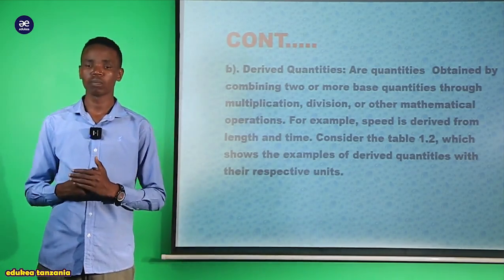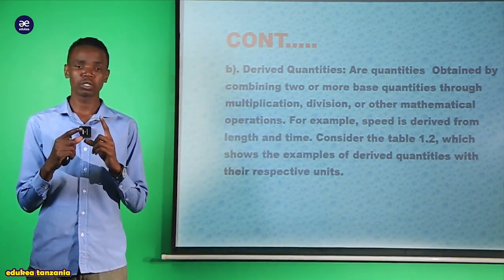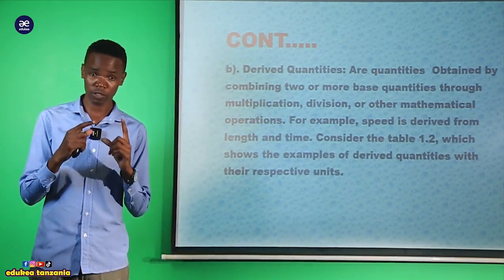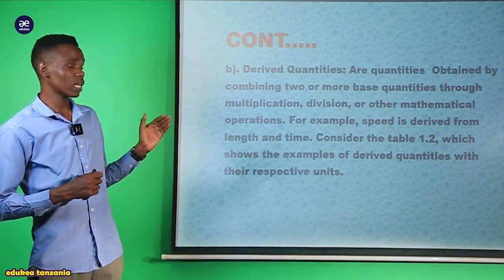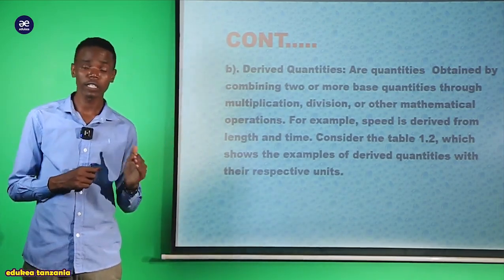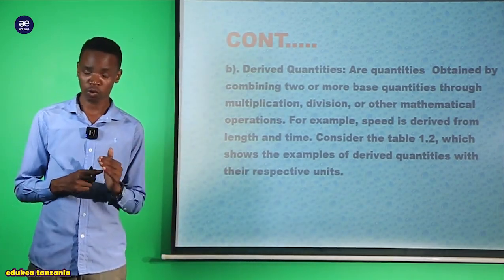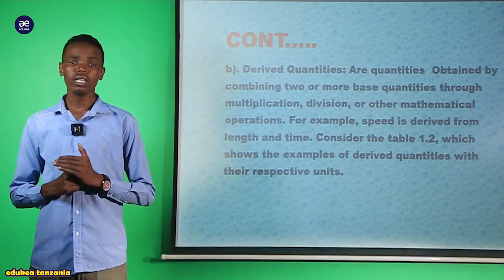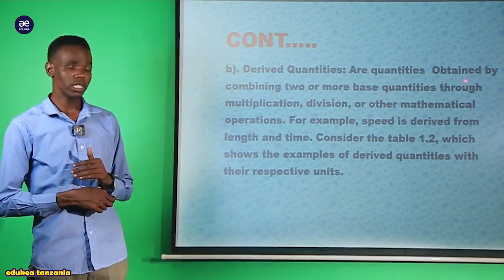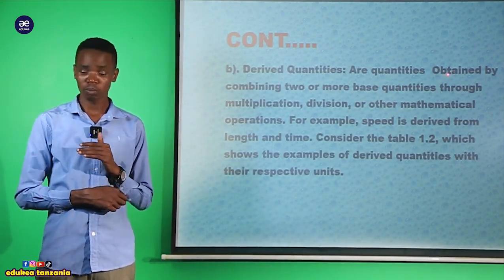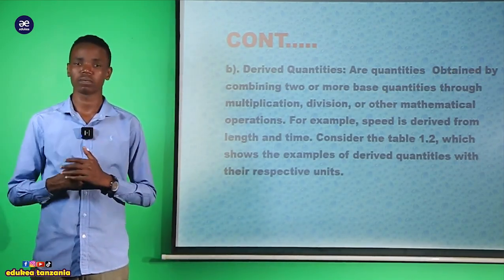As I told you that we have only two types of the physical quantities. So the final type of the physical quantity is the derived physical quantities. These derived physical quantities, my dear student, are the quantities that can be obtained from the other quantities.